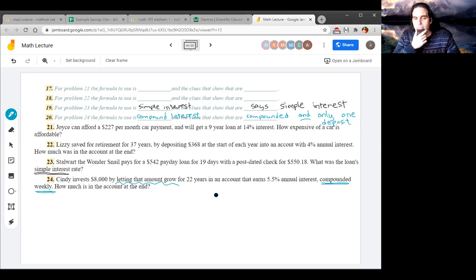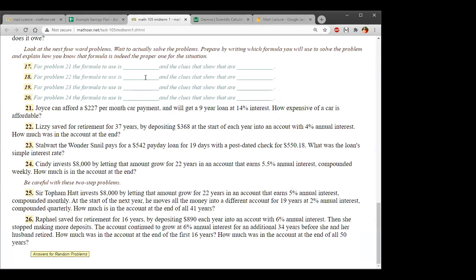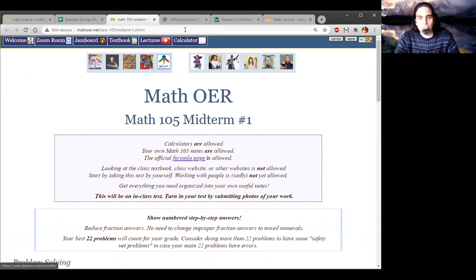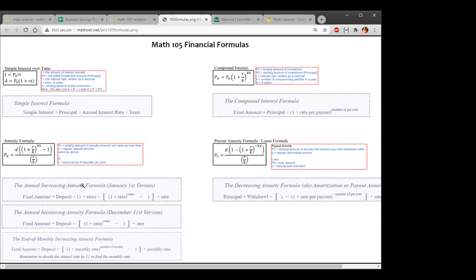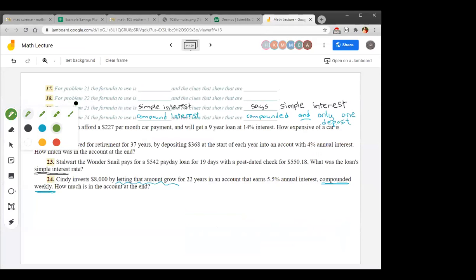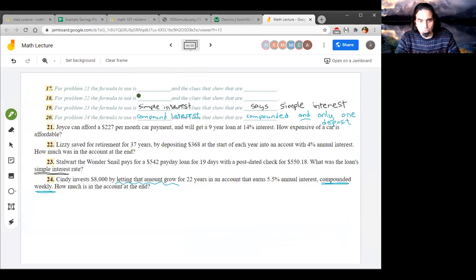Okay. Which is the increasing annuity formula? 21. Let me see what we're actually calling it officially. The annual increasing annuity, right? No, not 21, 22.